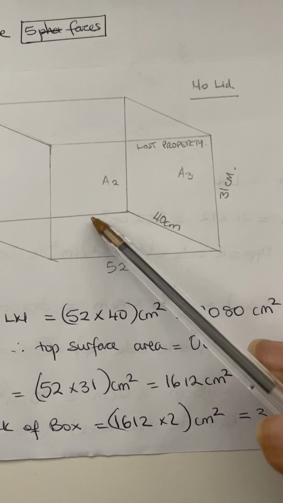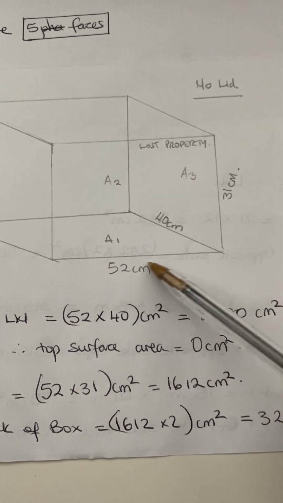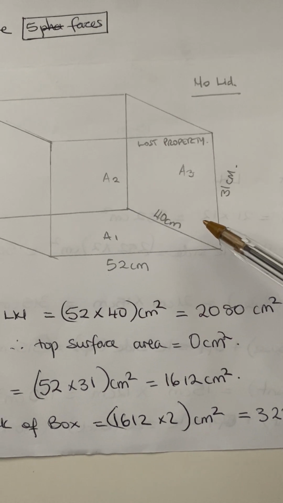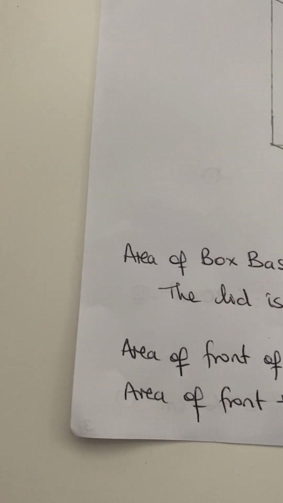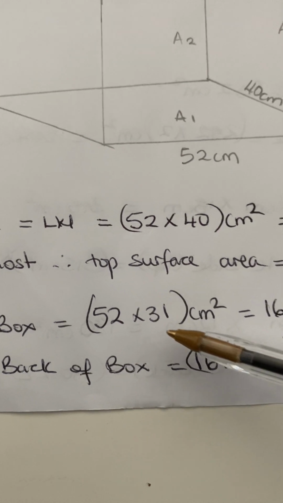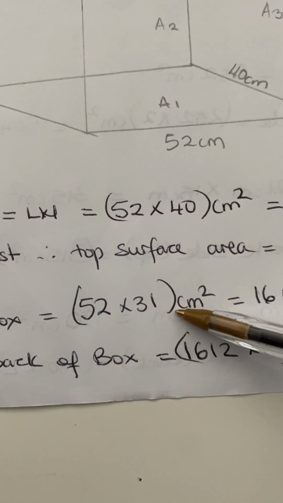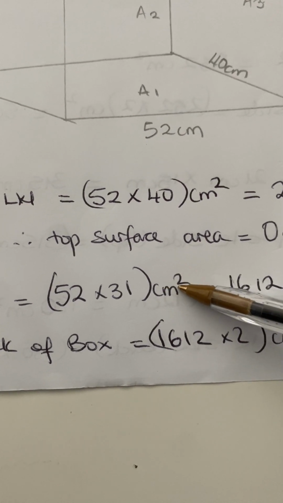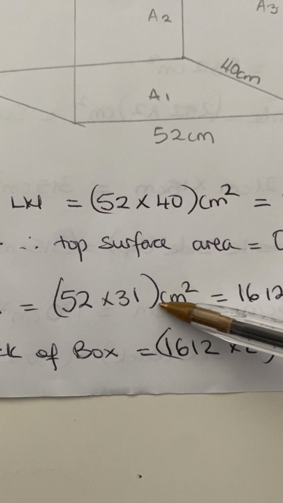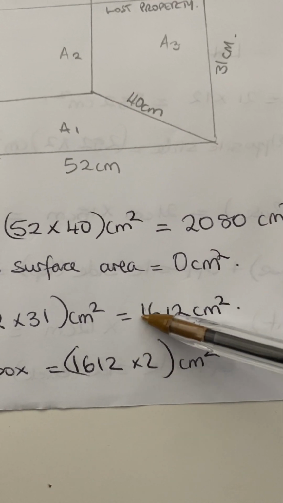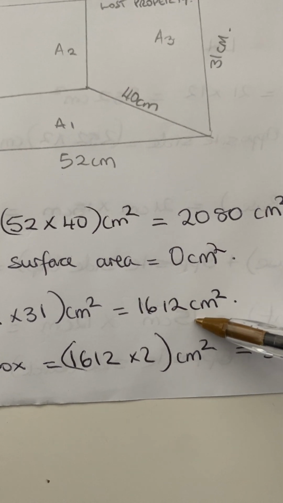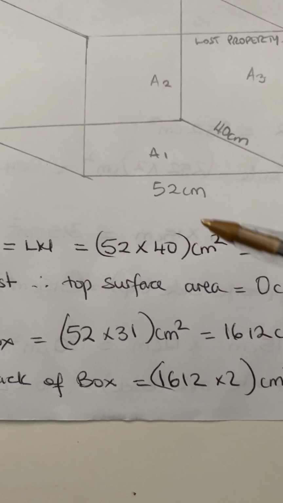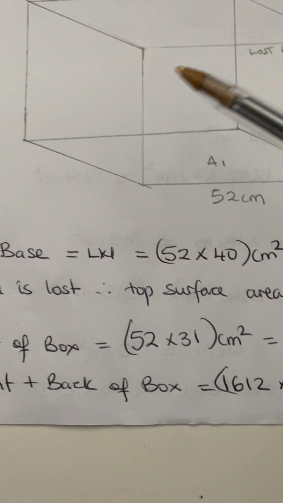Now the front part of the box will be 52 by 31. Again, our answer should be centimeters squared. If you do that correctly, you should have 1612 centimeters squared. Now that is the area of the front part.